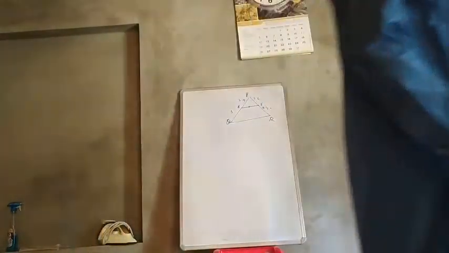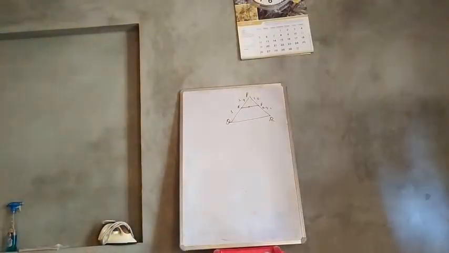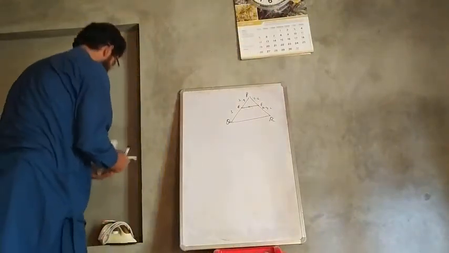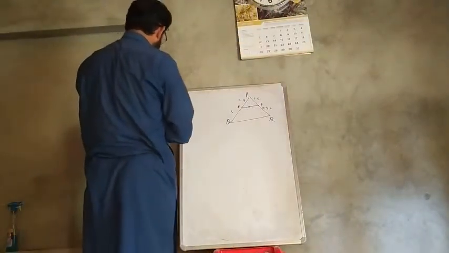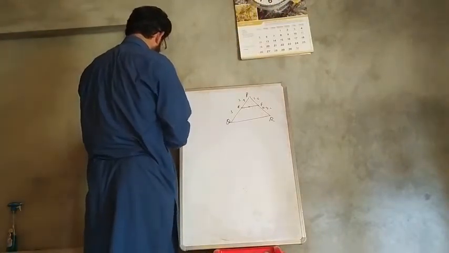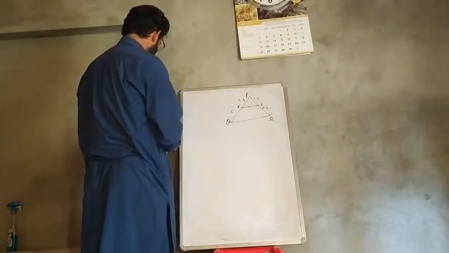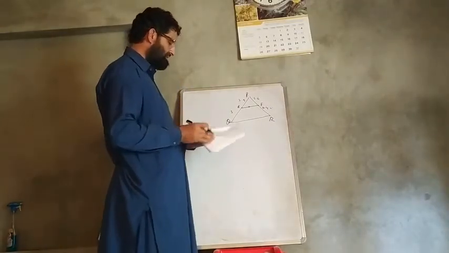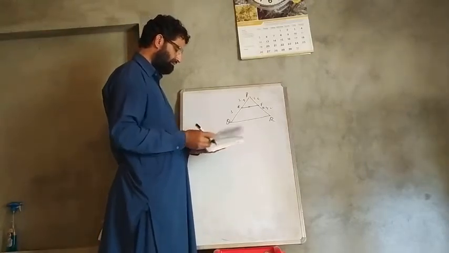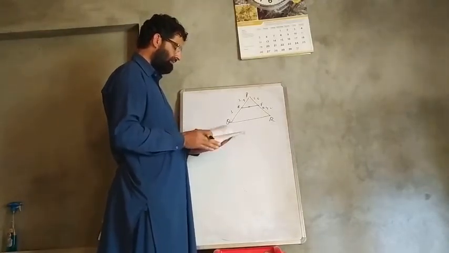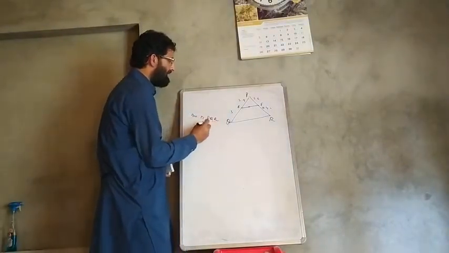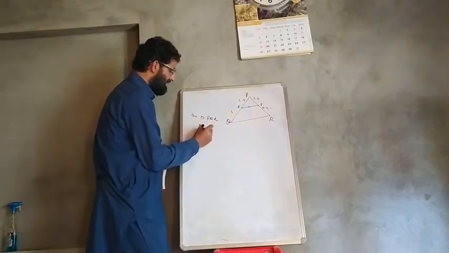Now let's find what is the ratio. So the ratio here, in triangle PQR, is PE divided by EQ.